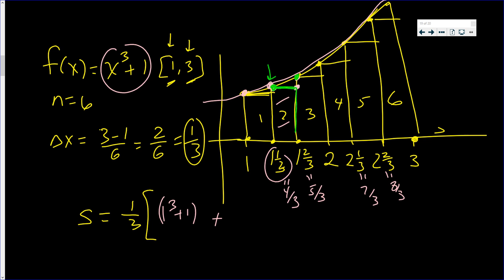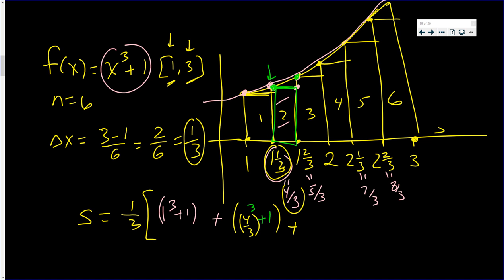That's why we make this rectangle, and it's going to be f of, not the rectangle number, I apologize, but f of 4/3. So it'll be 4/3 cubed plus 1.